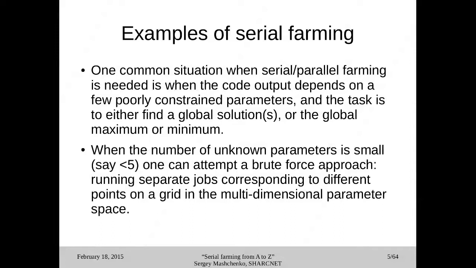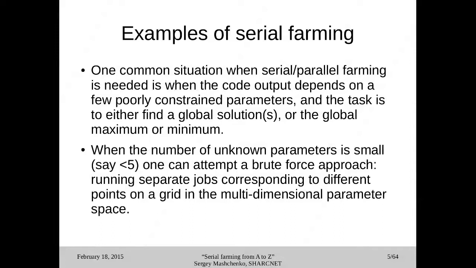So one common situation is when the code output depends on some unknown or poorly constrained parameters, and your task is to find those parameters to either solve some sort of global equation or to find a global maximum or minimum. And in the latter case, that would correspond to global optimization types of problems.